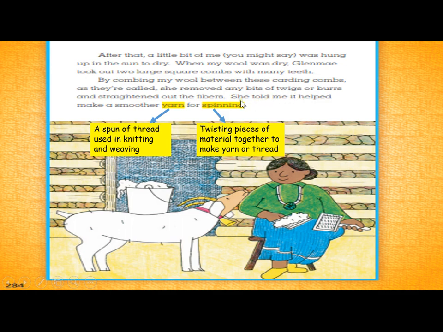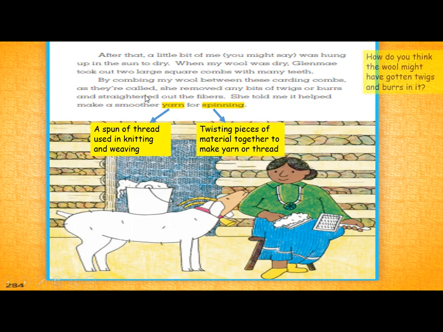And how might she have gotten them? Think about it. How might a goat get twigs and burrs and sticks in her wool? So she told me it helped make a smoother yarn for spinning.